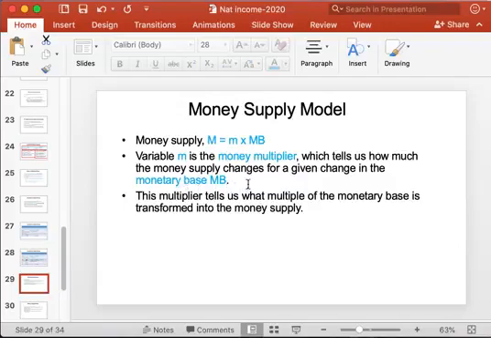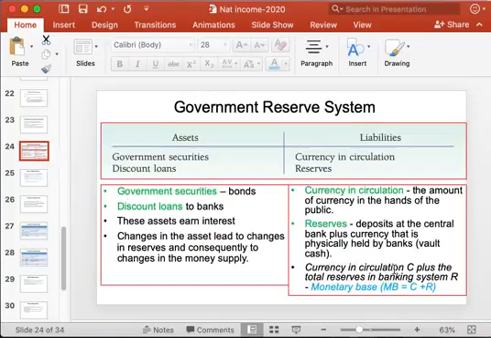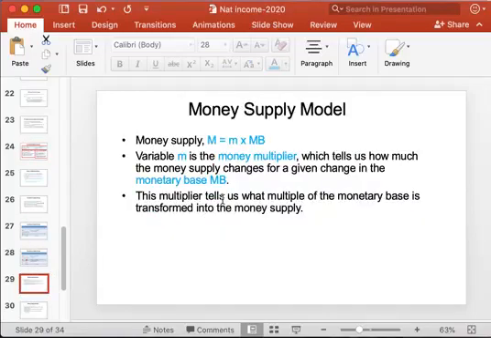And monetary base is nothing but the currency in circulation plus the total reserve in the banking system. This money multiplier tells us what multiple of monetary base will be transformed into money supply.